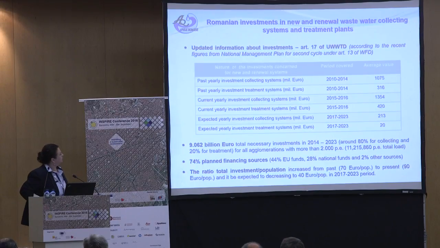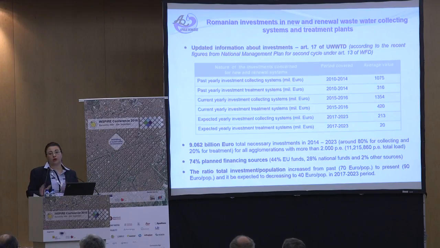Another characteristic for Romania is that, as you saw, around 80% of investment is dedicated to the collective system. Why? Because our policy is to apply the principle of clustering. That is, where the geographical conditions, technical conditions, and economic cost-benefit analysis permit, we concentrate the urban wastewater infrastructure for collecting from agglomerations to one treatment plant.